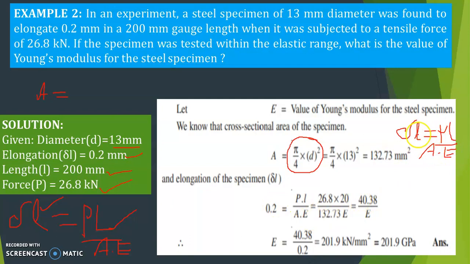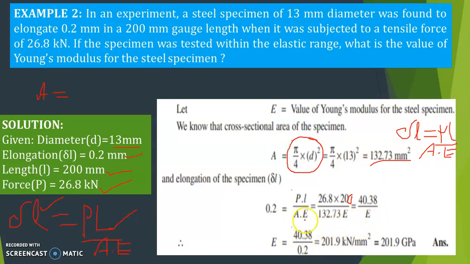In this formula, deformation is equal to 0.2 mm and P is equal to 26.8. Here I have not converted into Newton, it is just in kilonewton only, and L is equal to 200 mm, this is not 20, 200 mm, divided by A. What is this answer? 132.73 into E, we don't know, we have to calculate.